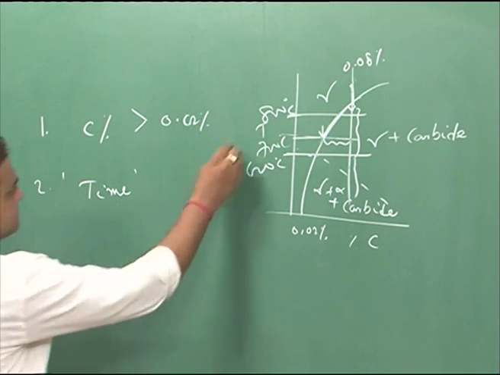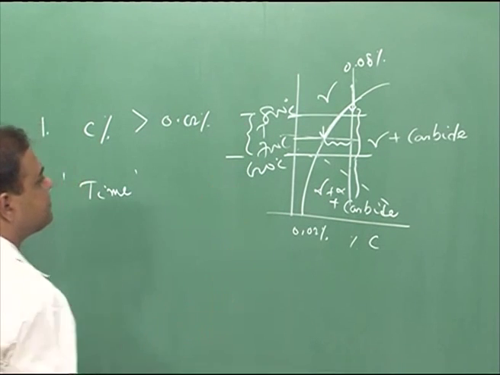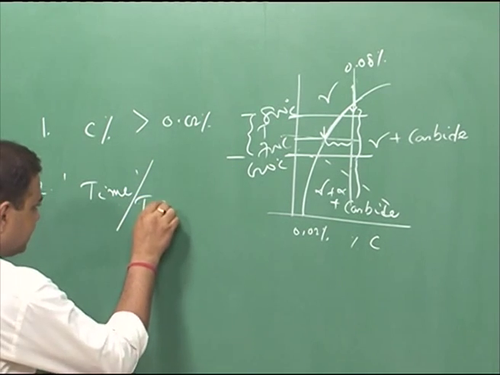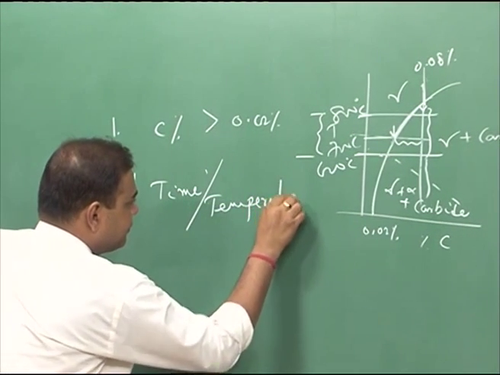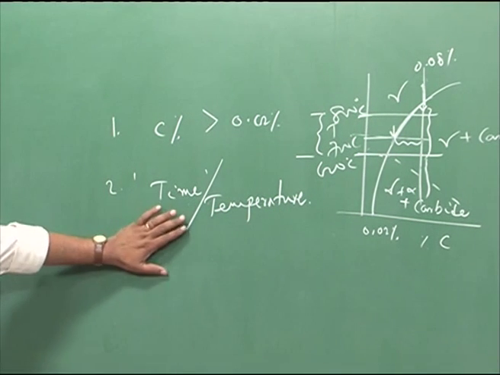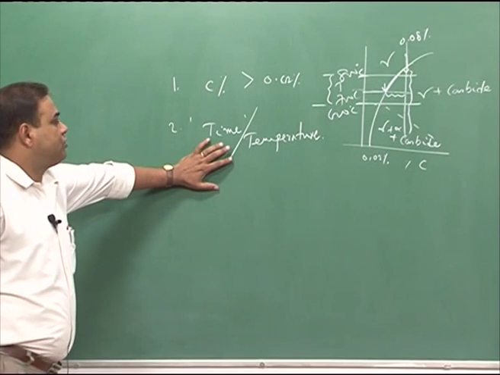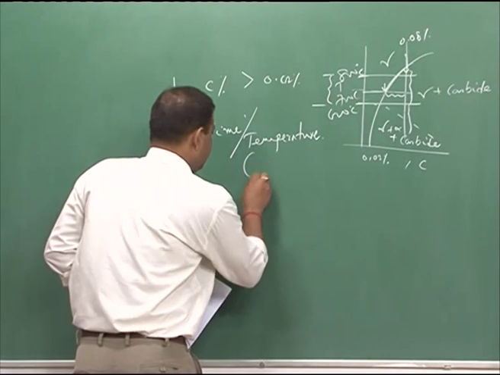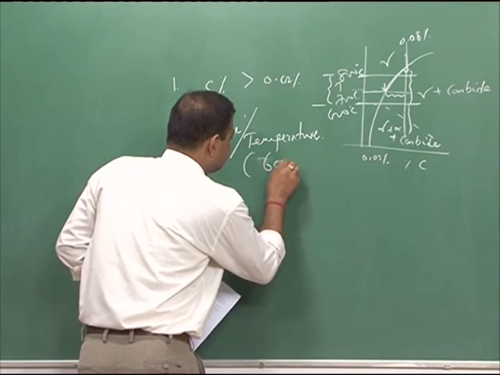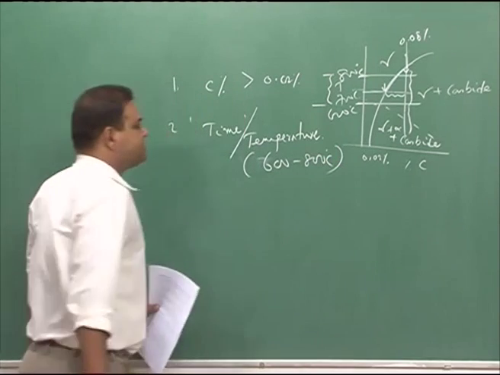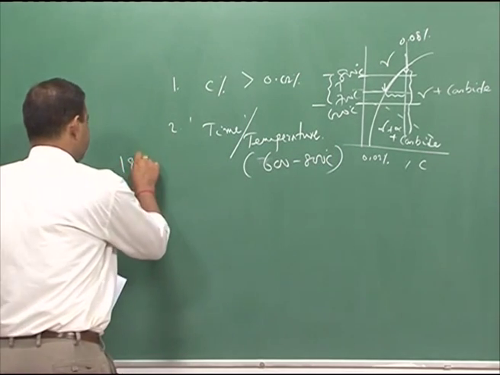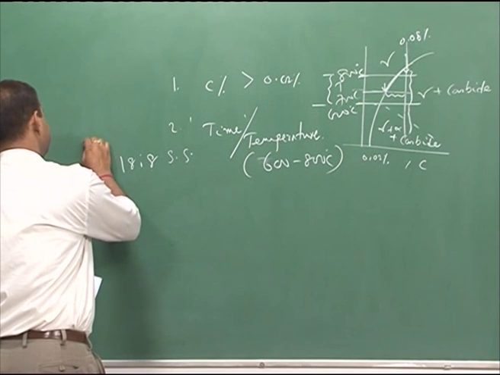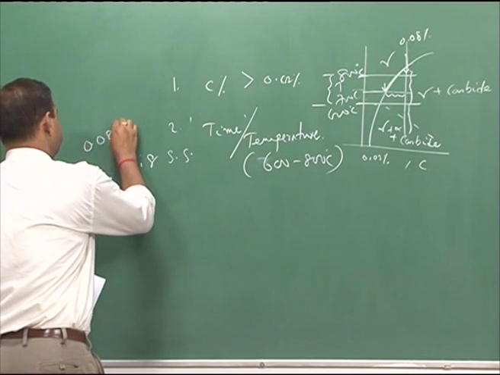So, this temperature zone of 800 to 600 degrees Celsius is also critical. So, time and temperature both are important in order to have carbide precipitation, and this critical temperature zone is 600 to 800 degrees Celsius in the case of 18-8 stainless steel with carbon percentage around, let us say, 0.08%.